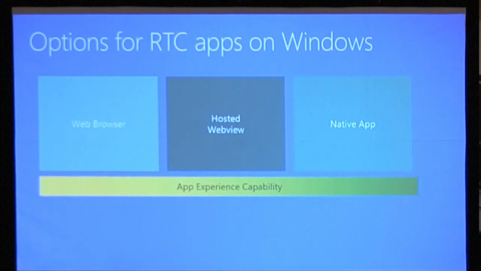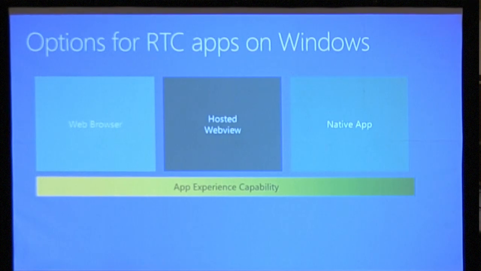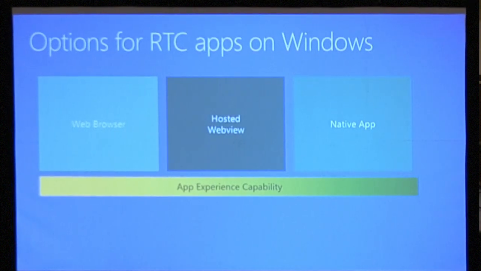So when you look at the web browser, of course, can target as many devices as possible, and it's fluid and dynamic. You can launch Chrome or Firefox and very soon Edge and write an app. But if you need to make a call, that's when it sort of breaks down.